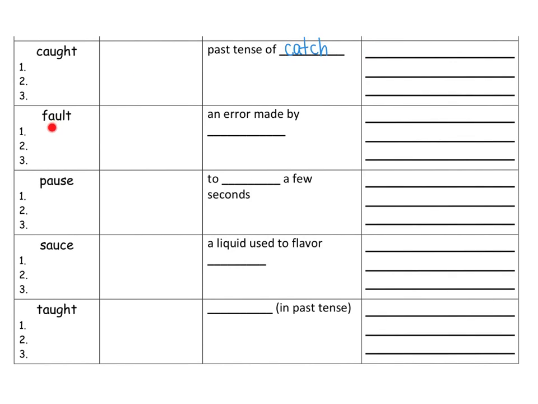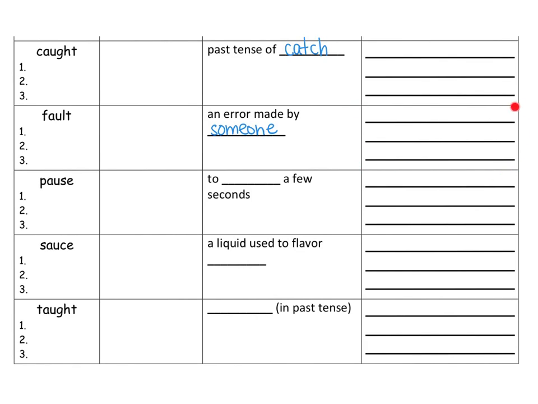The next word is fault. Fault. We hear that "ah" sound in there. Fault means an error made by someone. So we probably all know how to say, it's not my fault, it's her fault. It's not my fault, it's his fault. It's not my fault, it's my sister's fault.